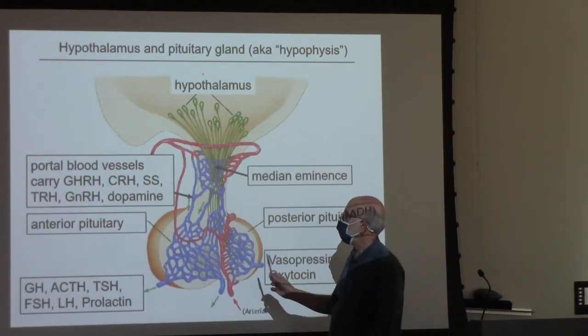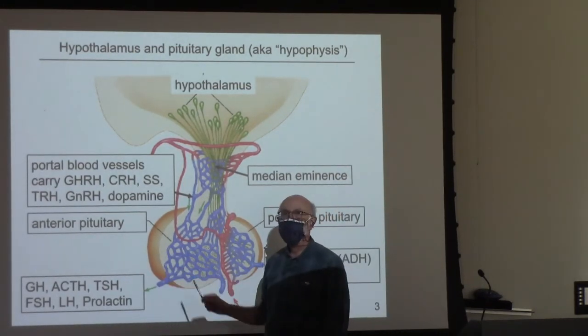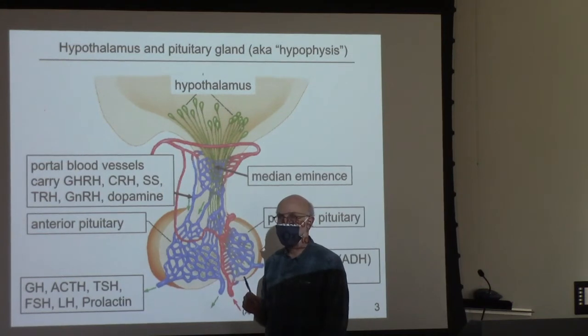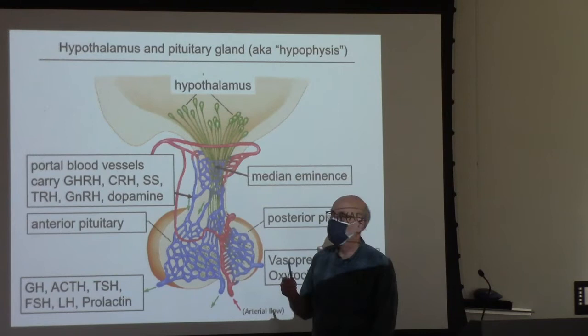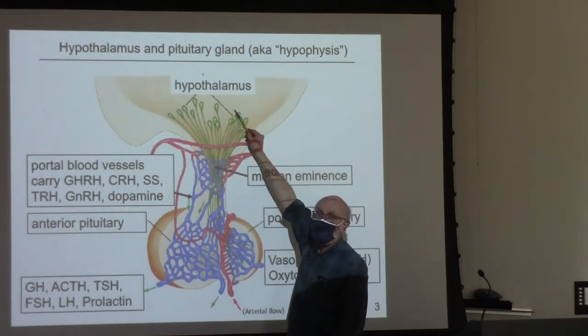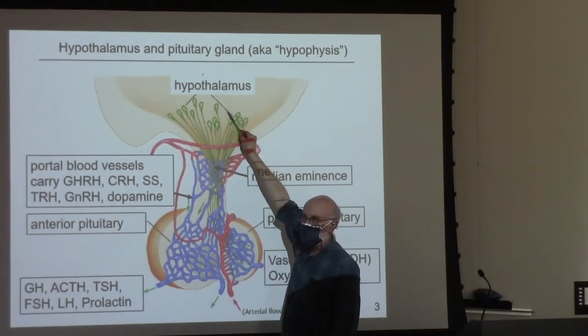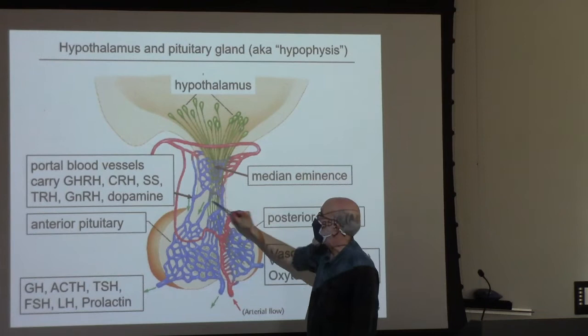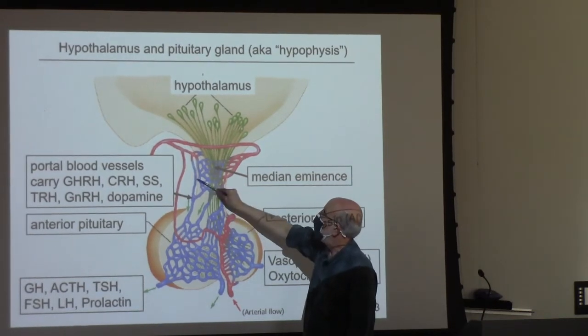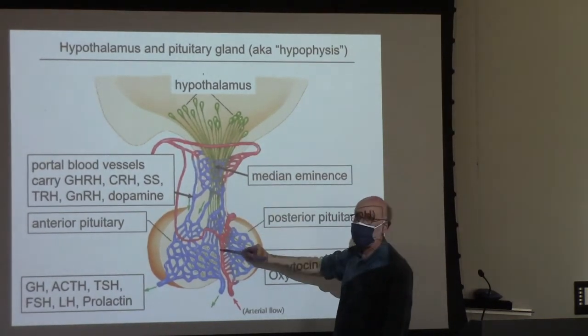Now, anterior pituitary is really different. Well, somewhat different. Hypothalamic neurosecretory cells project to the connection between the hypothalamus and the pituitary.